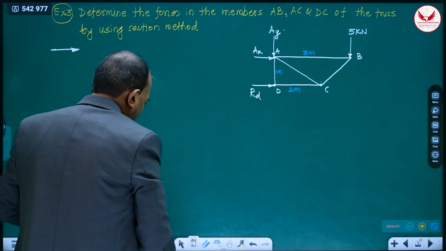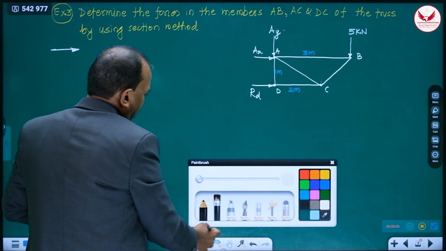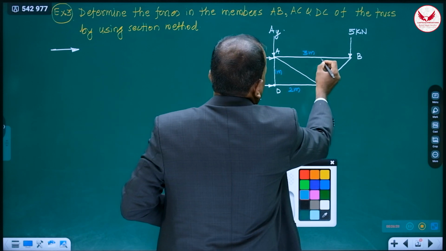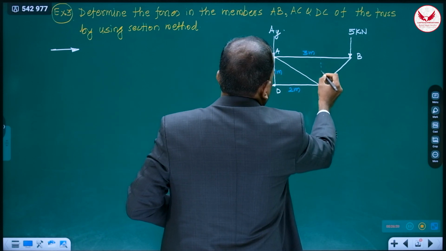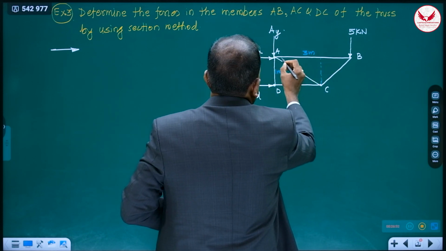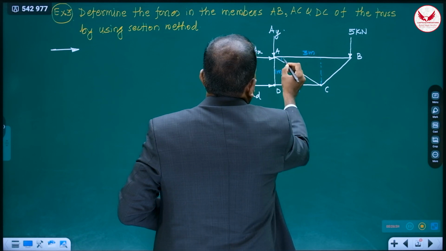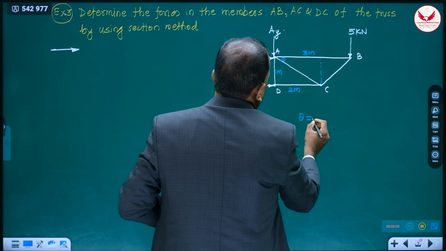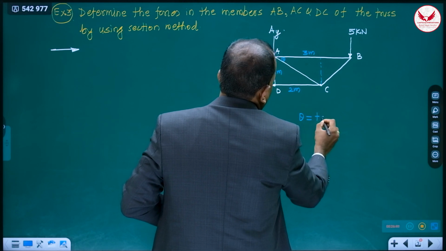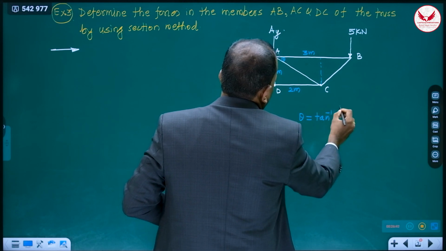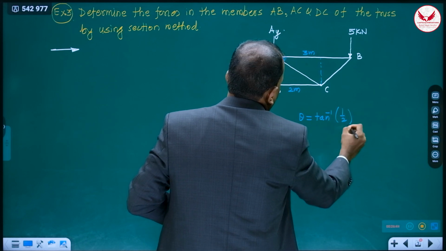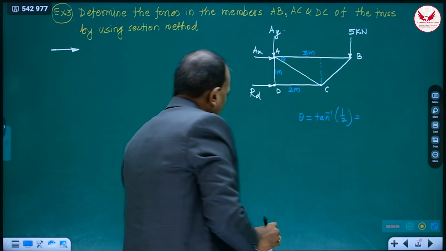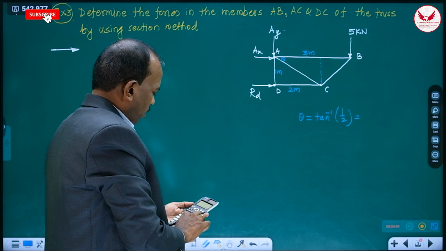And that inclination, how can we calculate easily? For getting that inclination, let's consider this angle is theta. So this theta will be tan inverse of 1 by 2.